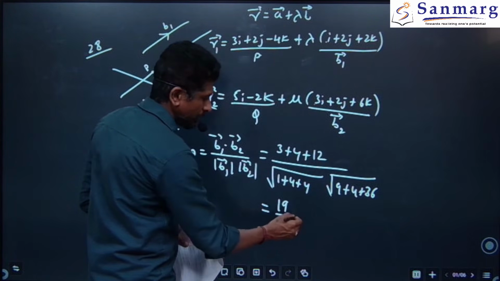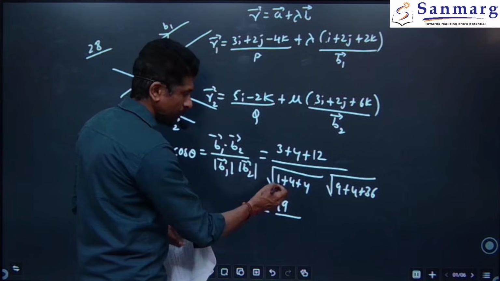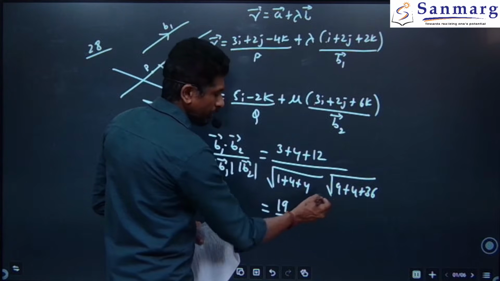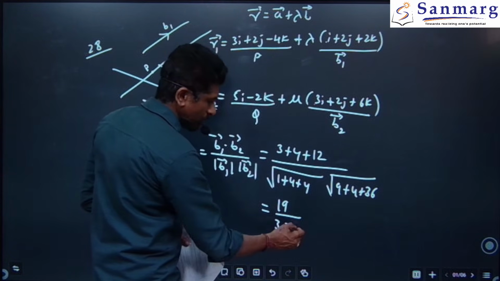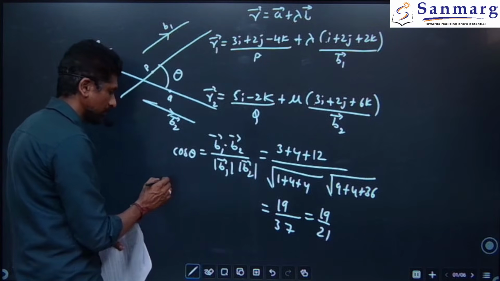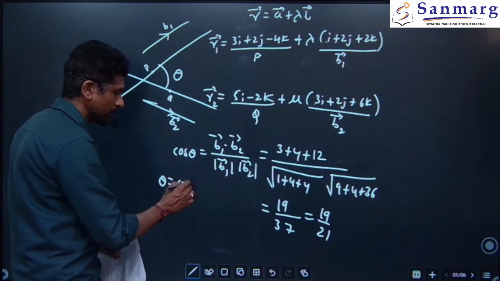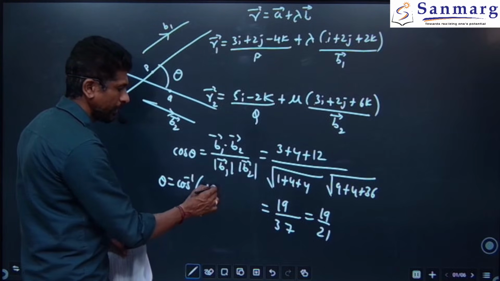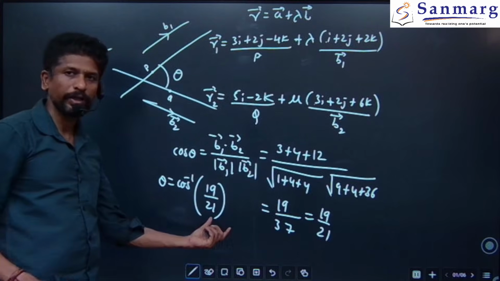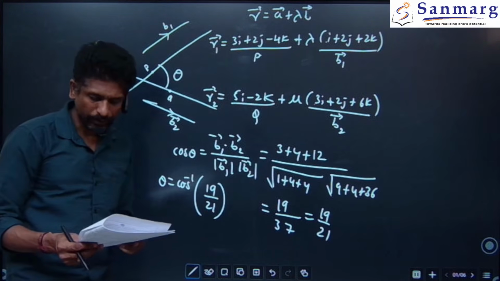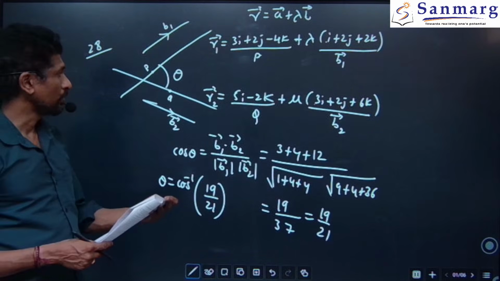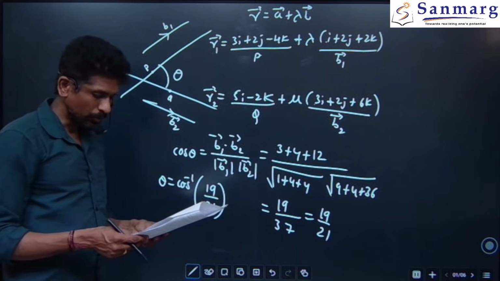The square root of 9 becomes 3 here, and the square root of 49 is 7, so the answer is 19 by 21. That is cos theta. They are asking to find theta, so the angle between the two lines is cos inverse of 19 by 21. This way you have to solve the problem.